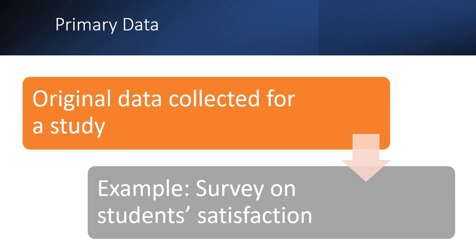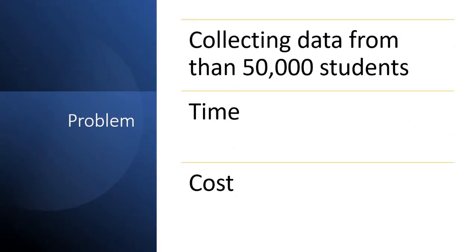However, collecting primary data is a problematic issue because, suppose we take for example the university at which I teach, it has at any time more than 50,000 students enrolled.